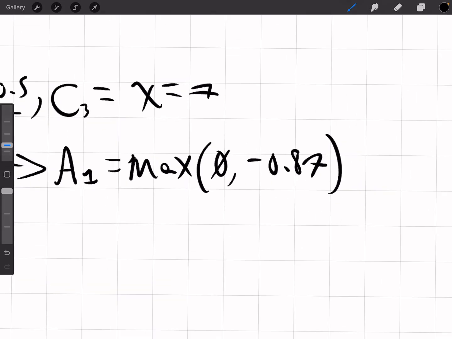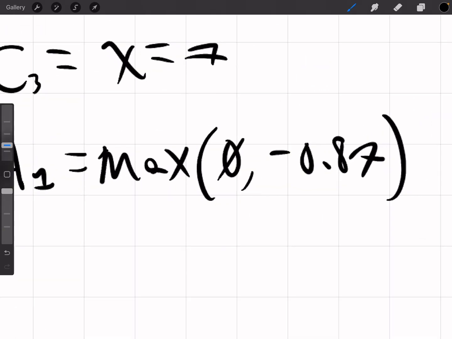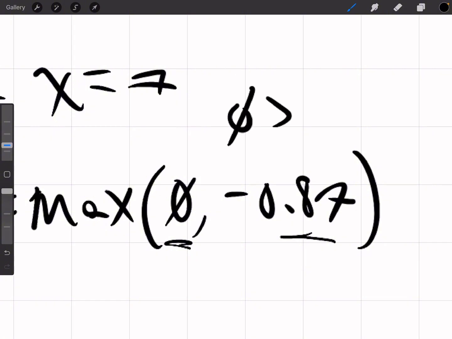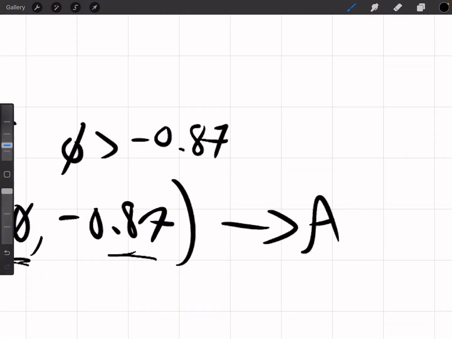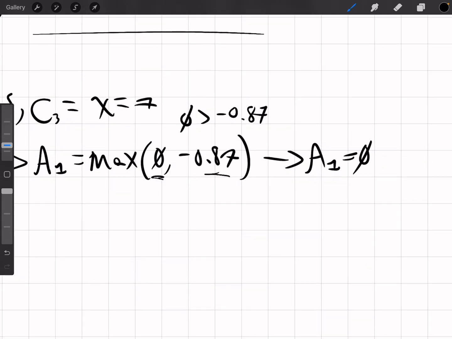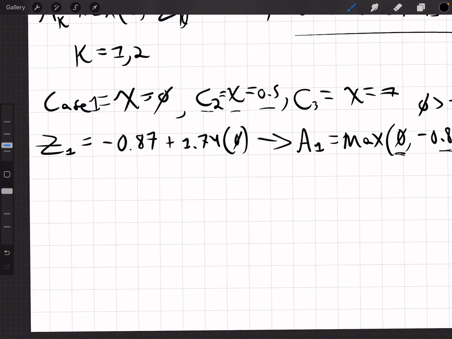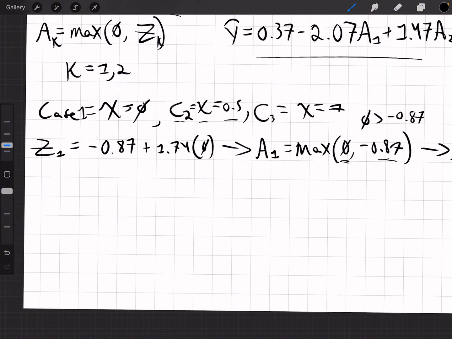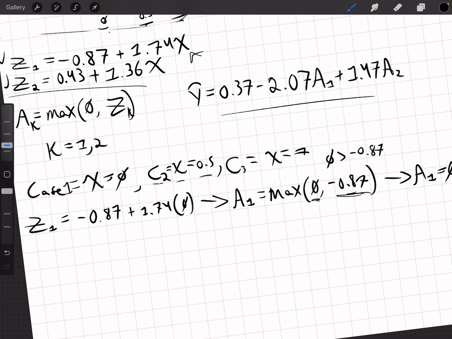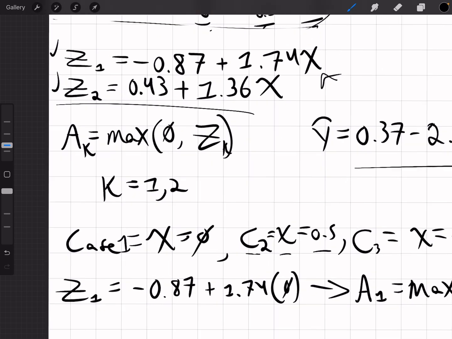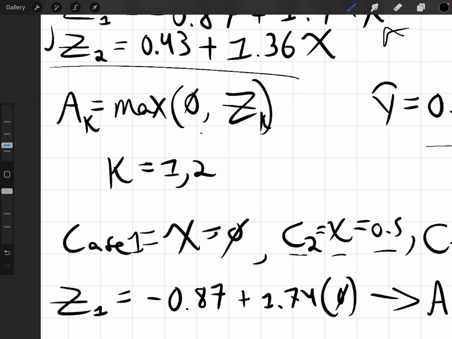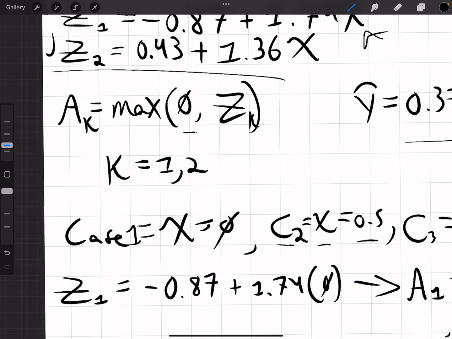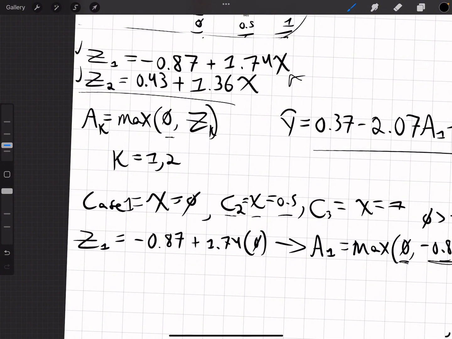Clearly here, 0 is larger than negative 0.87. So our A1 is equal to 0. And how we found this here, I wonder if it's actually in the notation. So max, what am I looking at here?